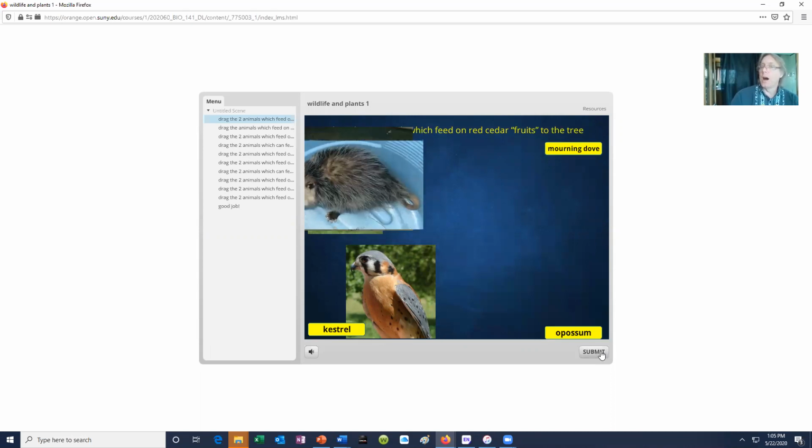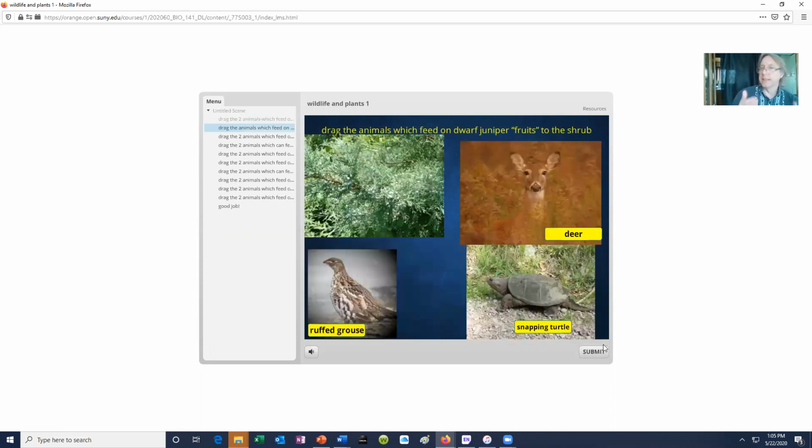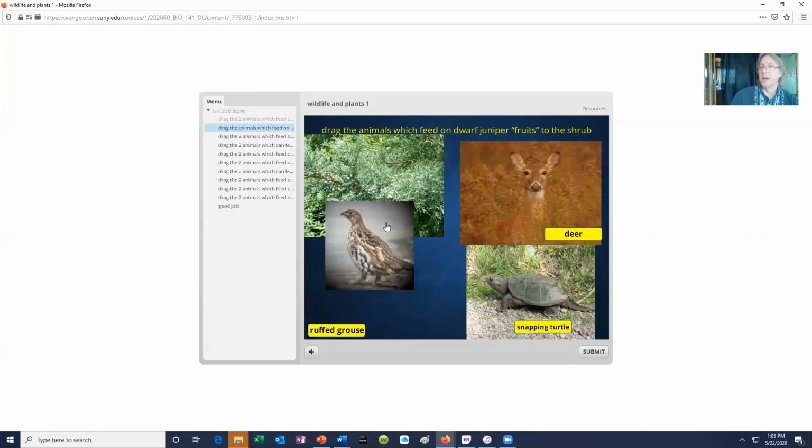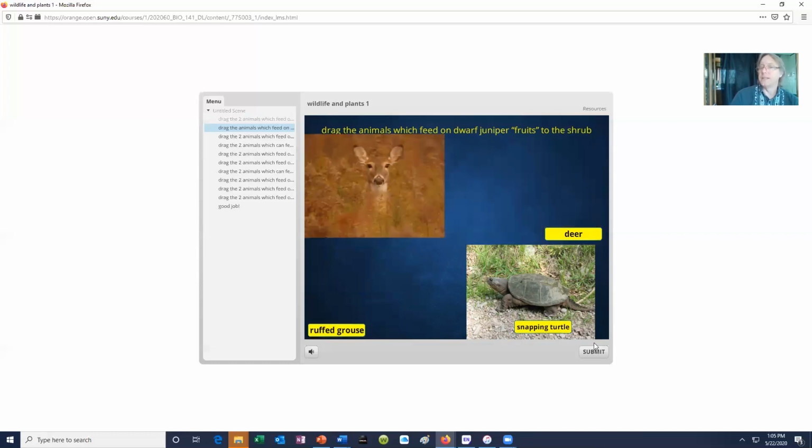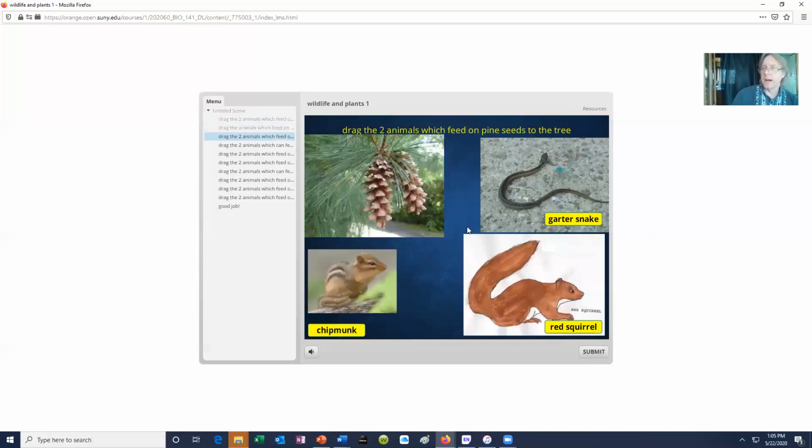So if you were to hike along a trail, you might say that there were certain sections which would encourage populations of certain animals, but not others. Now, while snapping turtles might not respond to the fruits of juniper trees, white-tailed deer and ruffed grouse could. Red squirrels and chipmunks could feed on the seeds of pine trees.